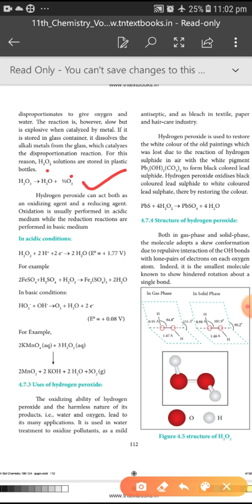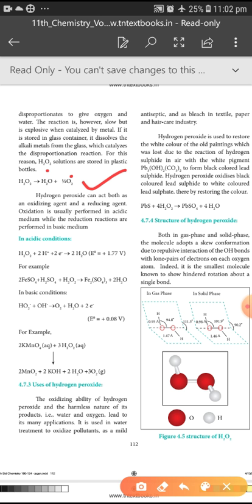Very important question: why are hydrogen peroxide solutions stored in plastic bottles? Because if stored in glass, it dissolves alkali metal from the glass, which catalyzes the disproportionation reaction.